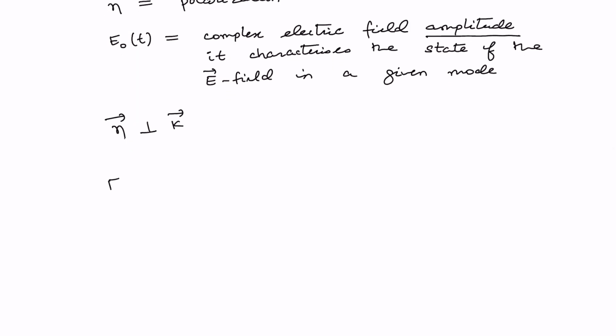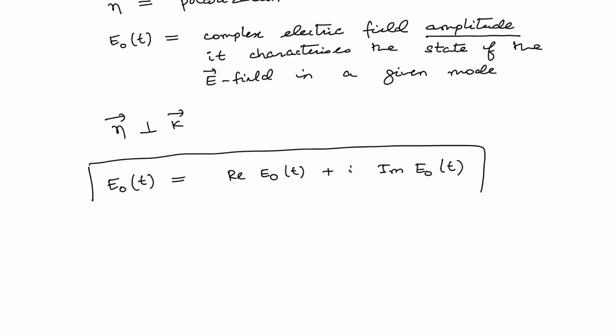Now, as I said, this electric field amplitude is a complex quantity, so it has a real part as well as an imaginary part, and we'll see later on that these two quantities, the real part and the imaginary part of the complex electric field, are going to behave like two dynamical canonically conjugate variables. Why dynamical?